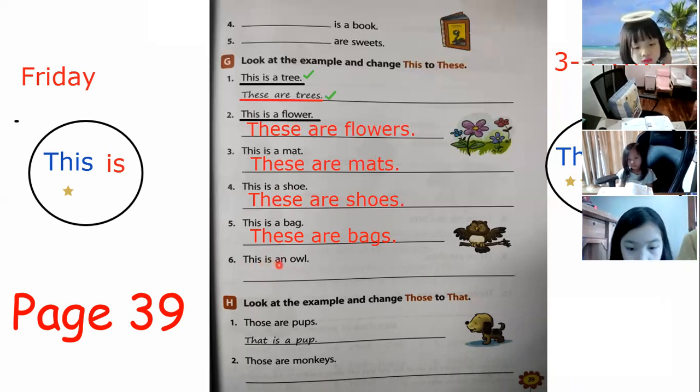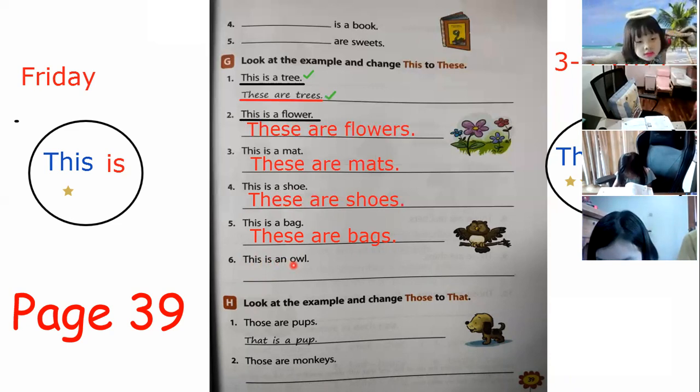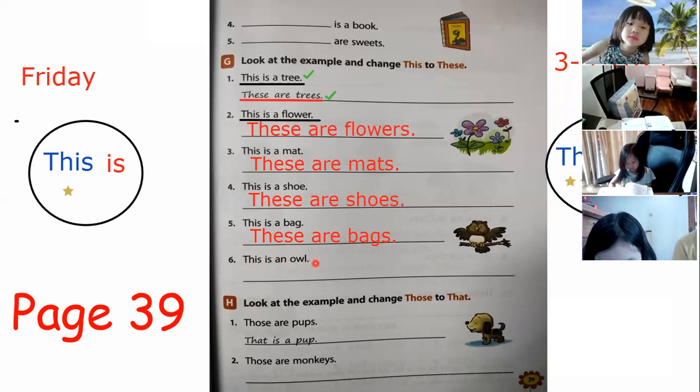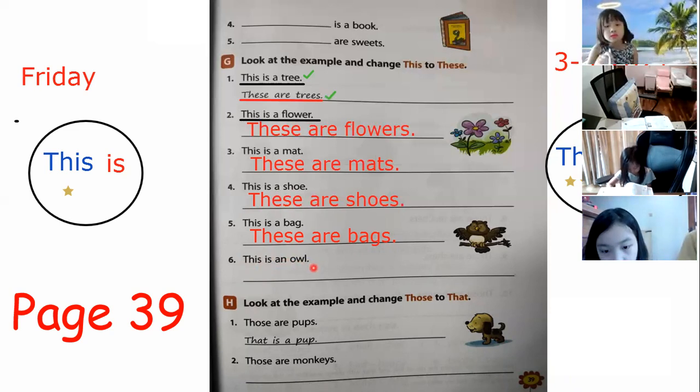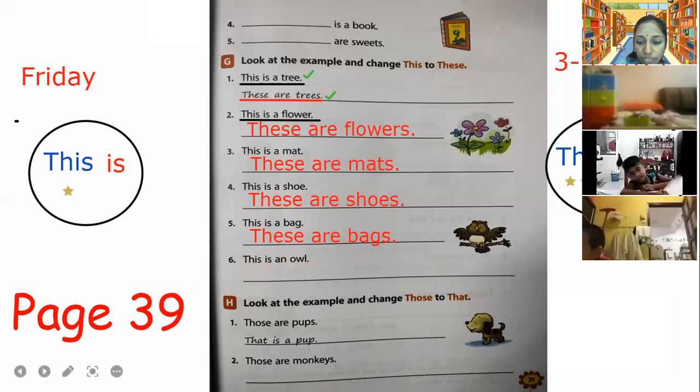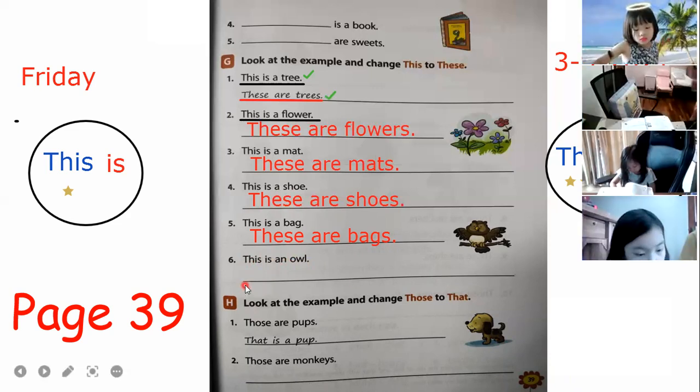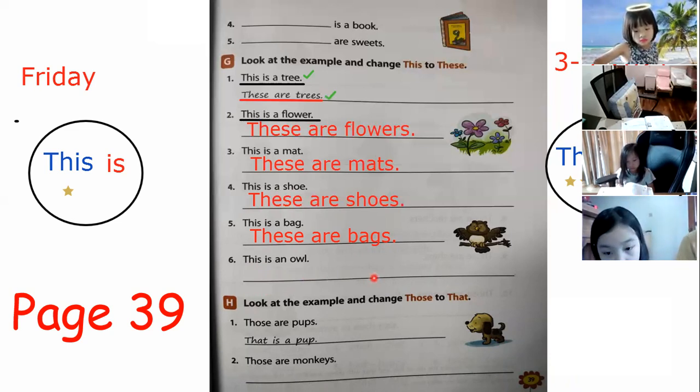This is an owl. This is an owl. It is singular. So now Annabelle is going to give us the answer in plural. So Annabelle, how are you going to say the sentence in plural now? These are owls.